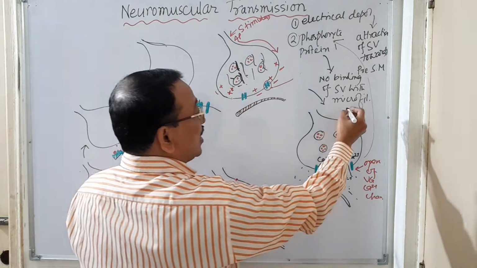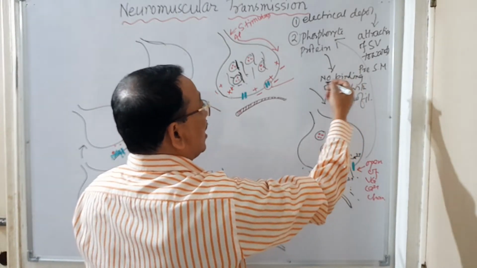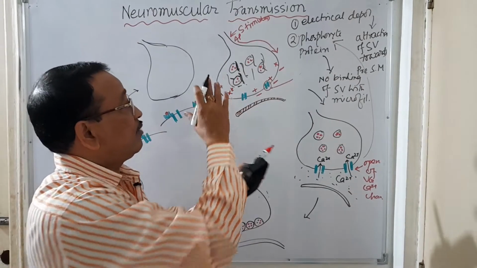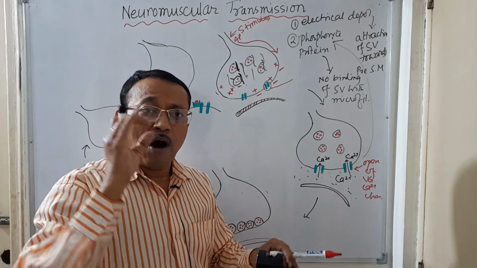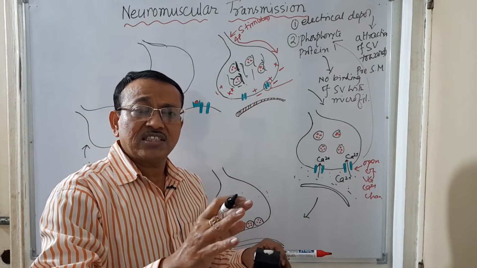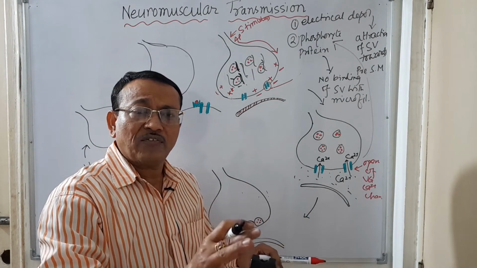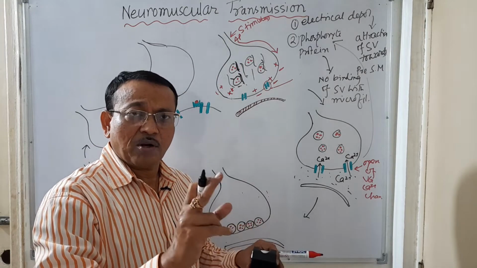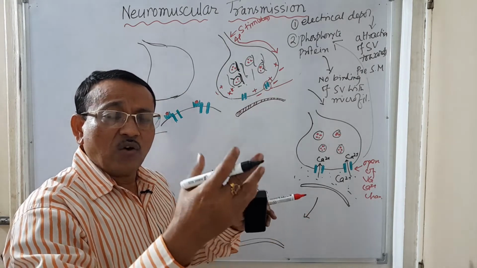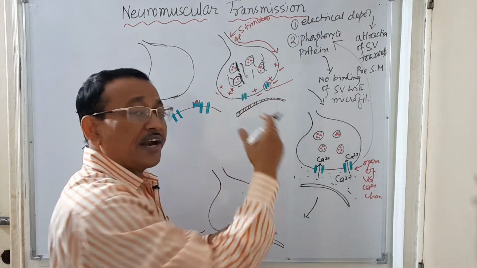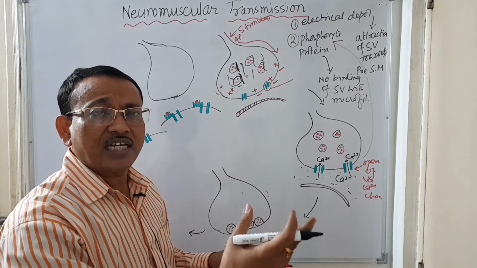And thereby, on the one hand, synaptic vesicles are no longer bound with the cytoskeletal structures, the microfilaments. So they are now detached from the cytoskeleton.